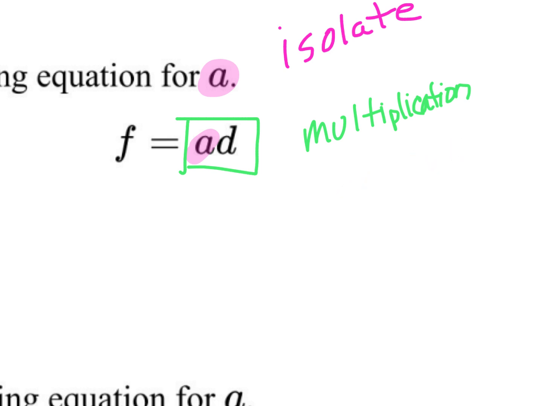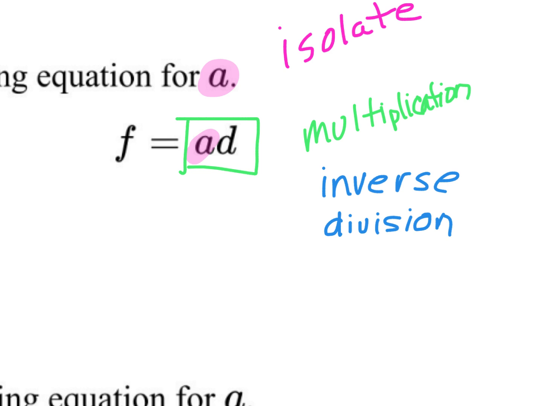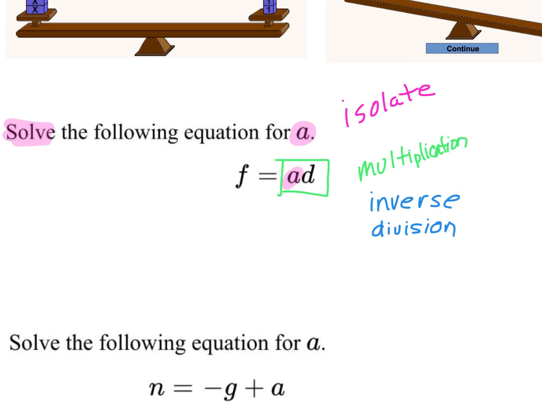Let me try to write that again. We've got A sitting next to a D, which implies multiplication. So in order to get the A isolated, we are going to do the inverse, the opposite operation, by doing division. So how do we represent division in big kid math? With a fraction bar. I'm going to rewrite this over to the side so that it's free of the annotation.